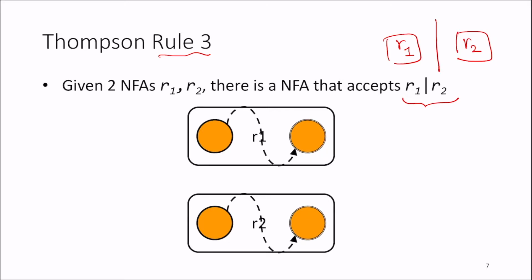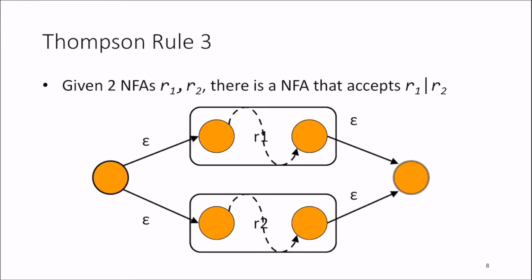So I take the NFA for R1, and rule number 3 is telling me how I can build an NFA for this alternation. This is the NFA for R1, this is the NFA for R2. Then what I can do to accept R1 or R2 is create a new start state, and then I have two transitions on the empty string that go to the original start states of R1 here and R2 here, right?